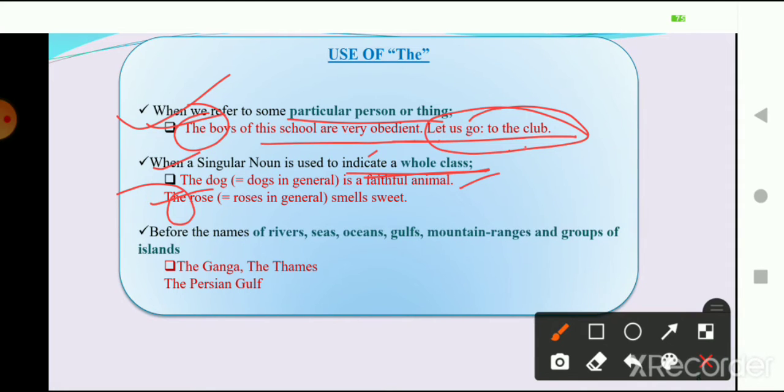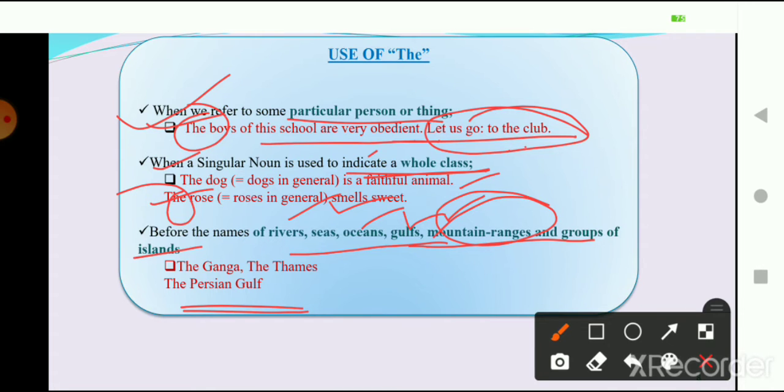Okay, now the third way is before the names of rivers, seas, oceans, gulfs, mountain ranges and groups of islands. So we use the article the when we are talking about rivers like the Ganga, seas like the Bay of Bengal, oceans like the African Ocean, gulfs like the Persian Gulf, mountains like the Himalaya mountain range, and groups of islands.